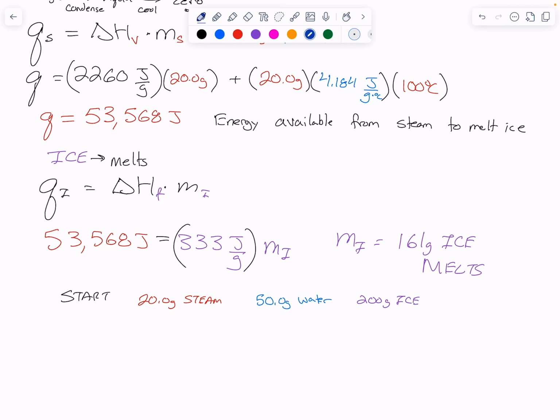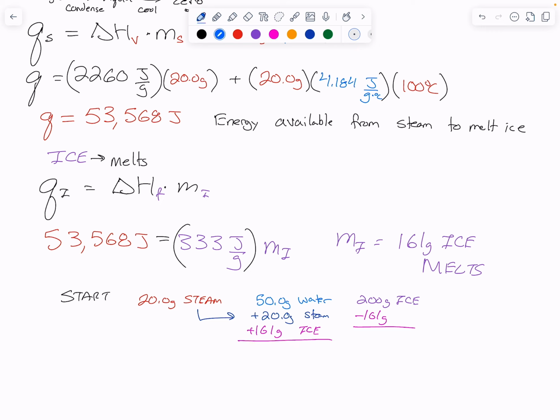All of the steam comes over, and we're subtracting 161 grams and adding 161 grams from the ice.